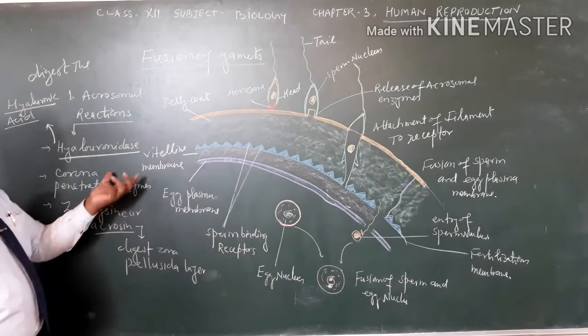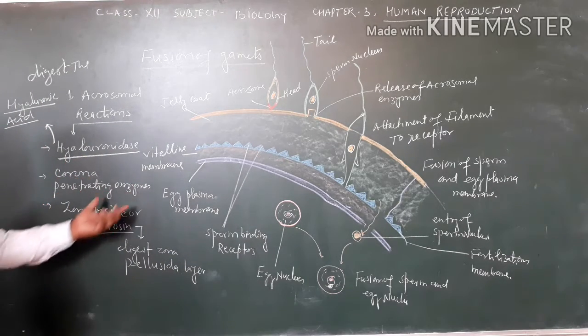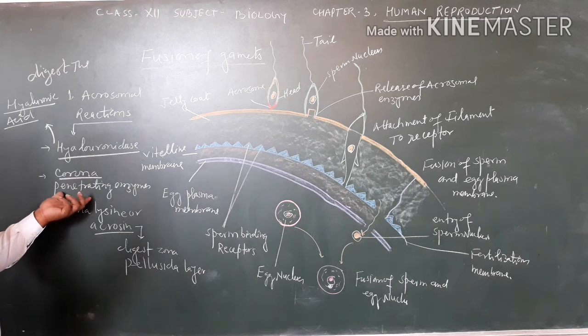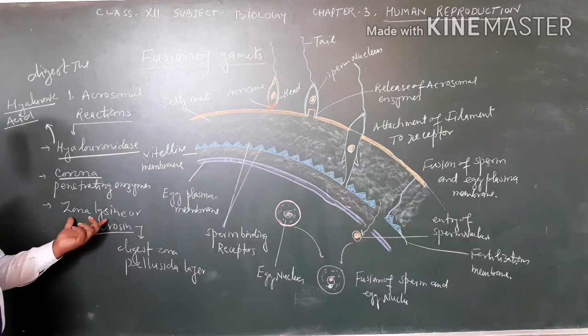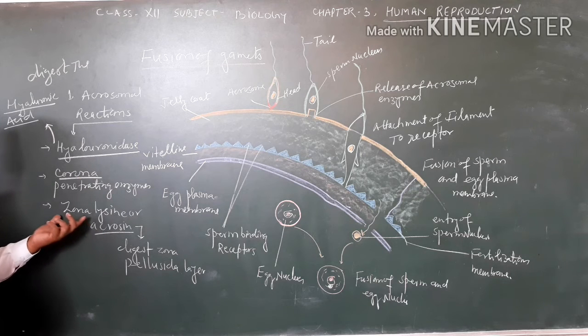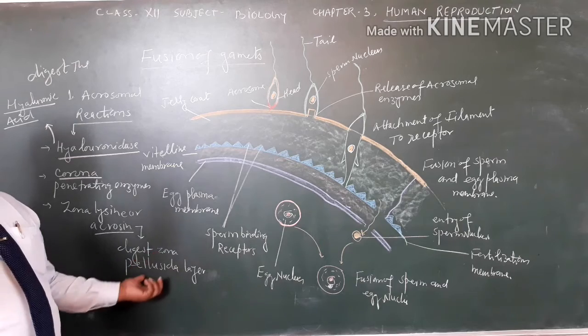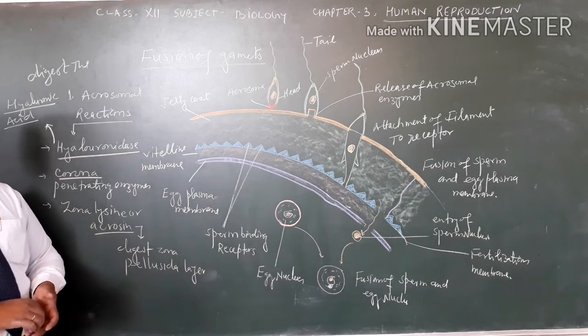Second one is the corona penetrating enzyme. This enzyme can digest the corona radiata, the second layer of the ovum. After that, the zona lysin or acrosin enzyme is present. Zona lysin digests the zona pellucida layer, the inner layer of the ovum.